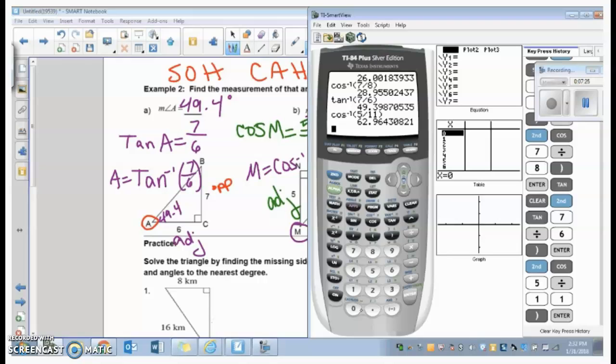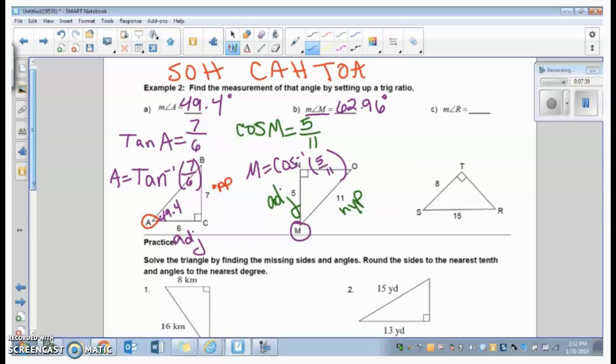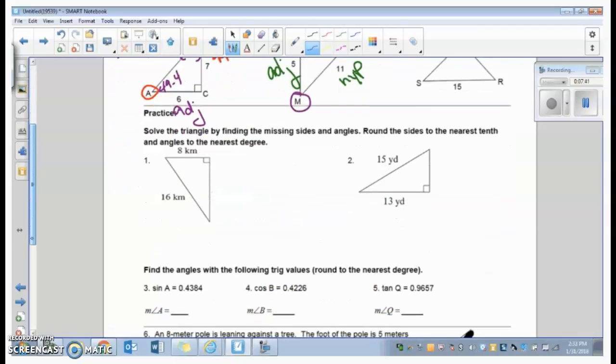And we get 62.96. So it's about 63 degrees, depending on how close you want to round it. But 62.96 is great. It's mostly ideal to round to 2 decimal places with these.